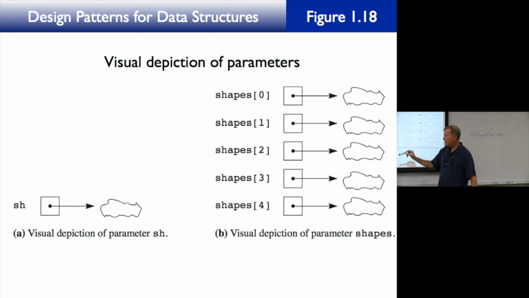So in part A, that's a visual depiction of parameter SH, which is a pointer to an abstract shape. But with the other ones, if it's an array of shapes, then you can think of there being a shapes sub 0, which is a pointer to an abstract shape, a shapes sub 1, which is a pointer to an abstract shape, and so on. Right? So just to get visual about this, are we good?